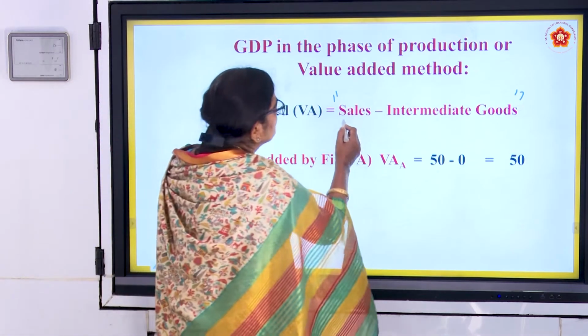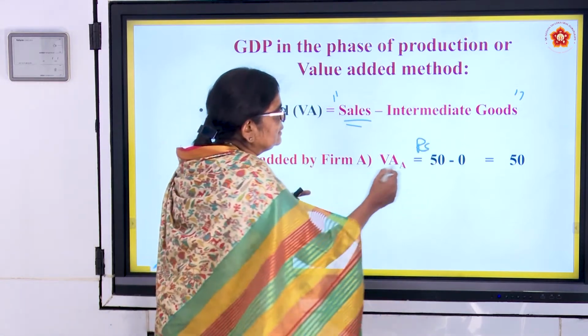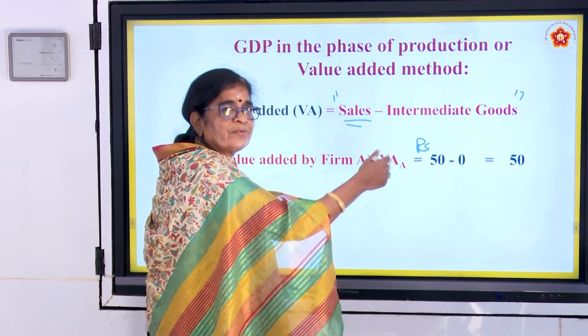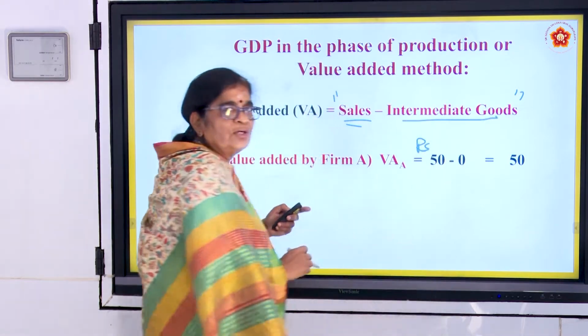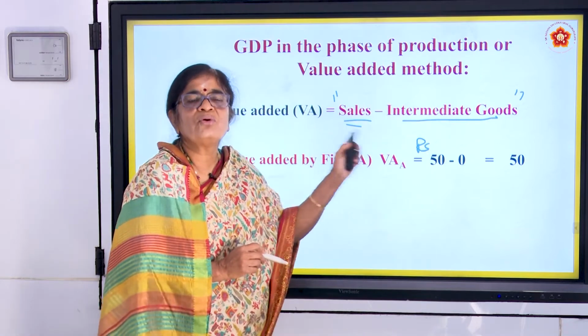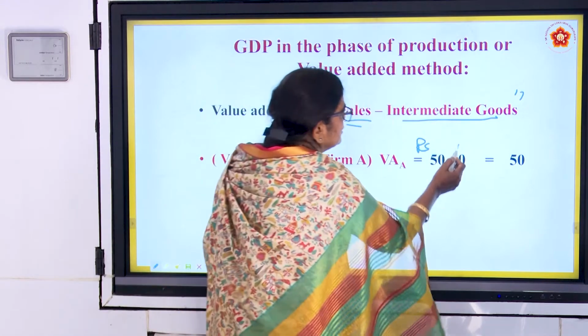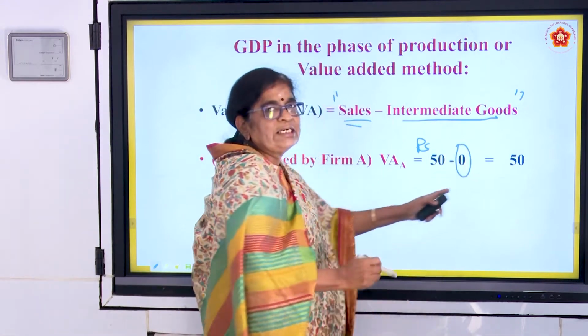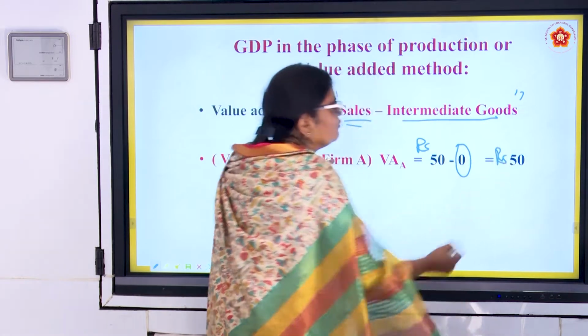For him, sales are rupees 50, which he sells to firm B. We assumed no raw materials were used by firm A, so intermediate goods value is 0. Therefore, sales minus intermediate goods is rupees 50.